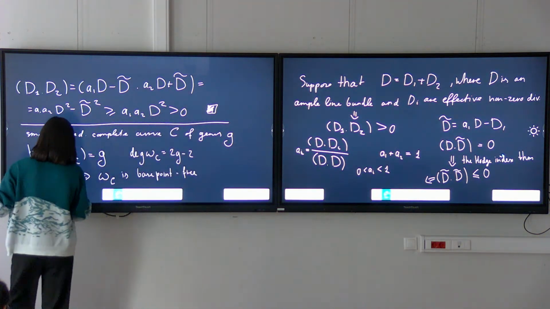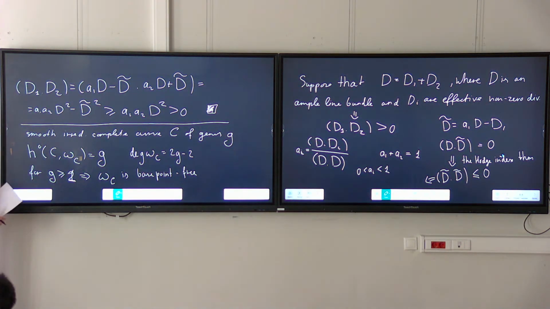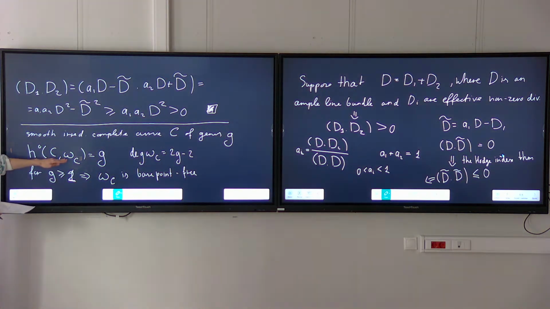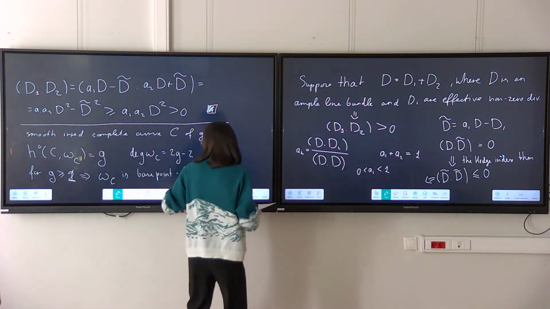Or in fact, for an elliptic curve, we also can say that it's base point free, because the canonical bundle of an elliptic curve is the structure sheaf. So it's also base point free.